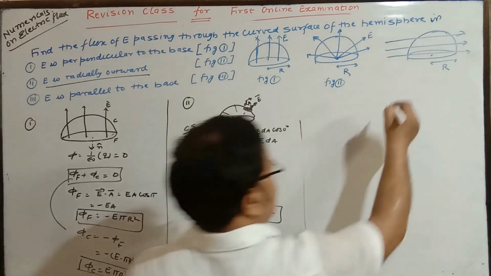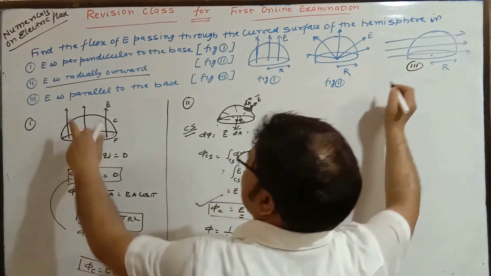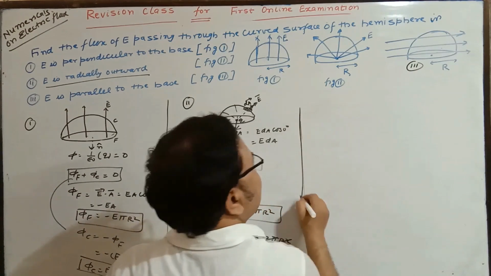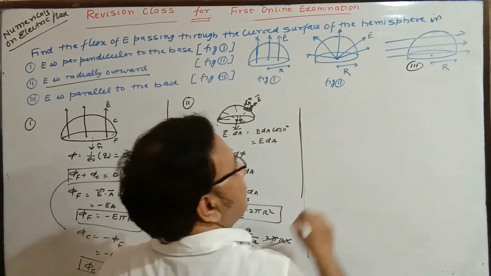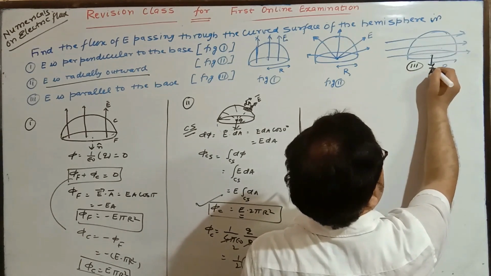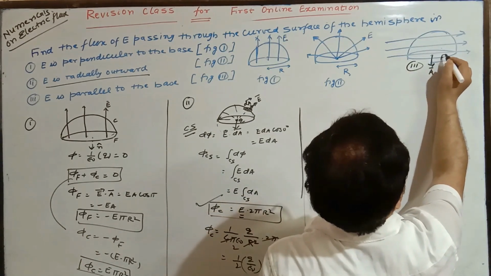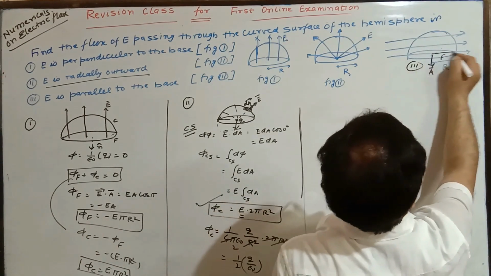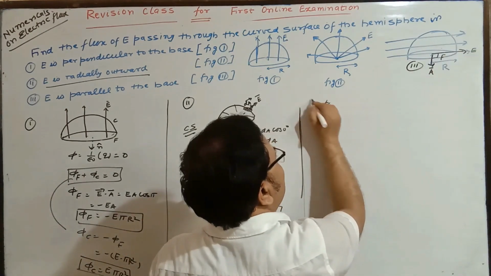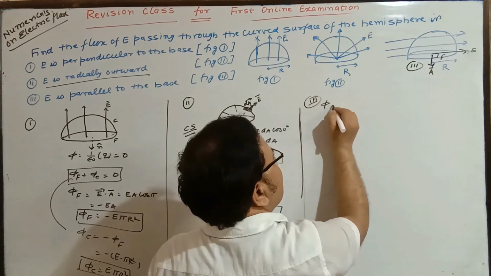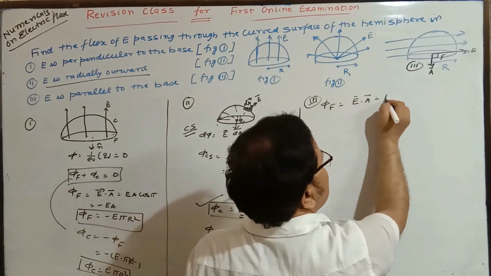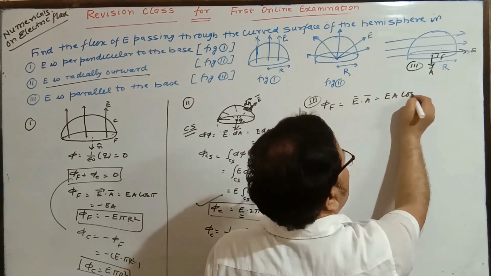In case of figure 3, E is parallel to the base. If E is parallel to the base, then the area vector of this flat surface is perpendicular to the electric field. This is the direction of the electric field, and here the angle is 90 degrees. So φ flat in the third case is equal to E dot A, which means E into A into cos 90 degrees.